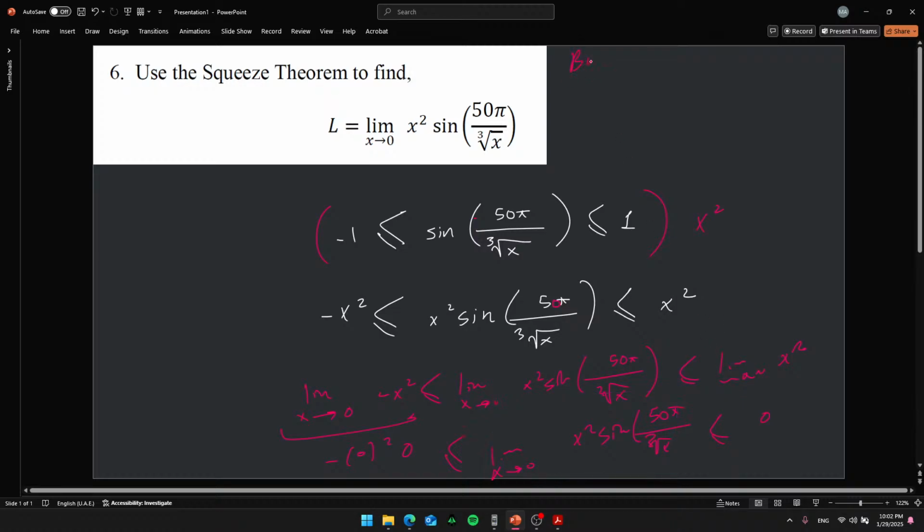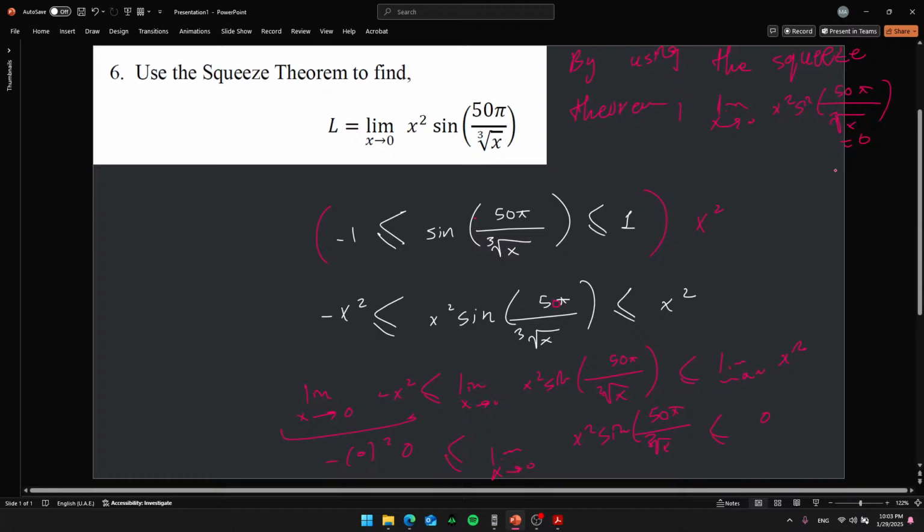So you have to write this by using the squeeze theorem. Limit as x approaches 0 of x squared sine 50 pi over cube root of x is equal to 0.